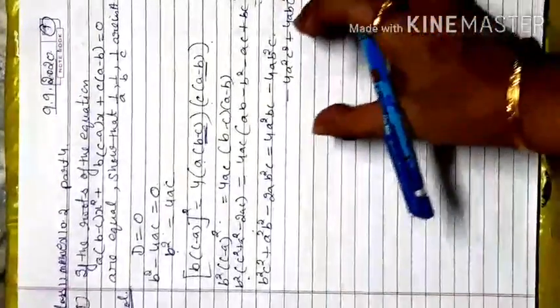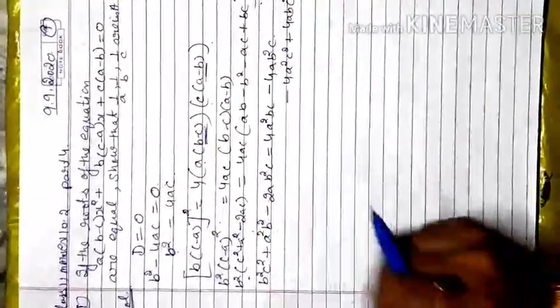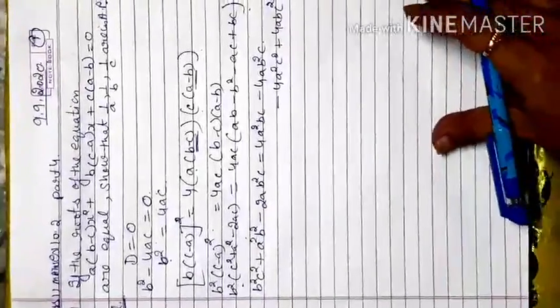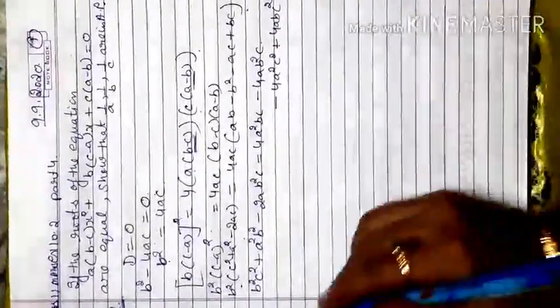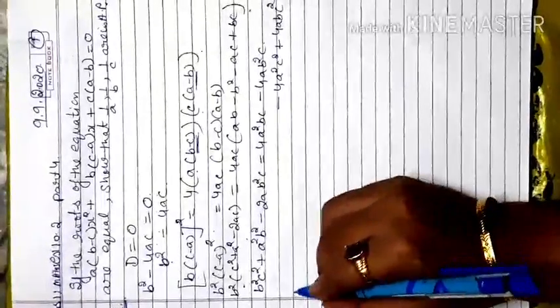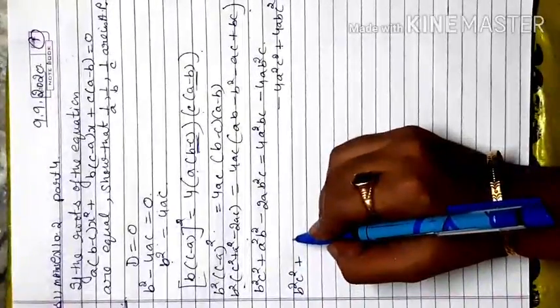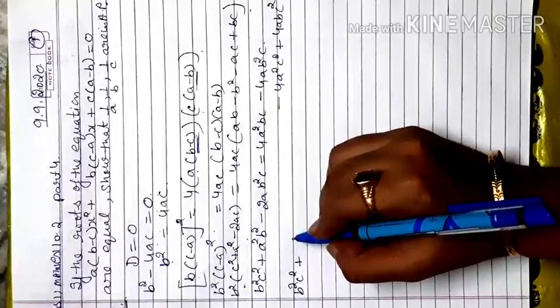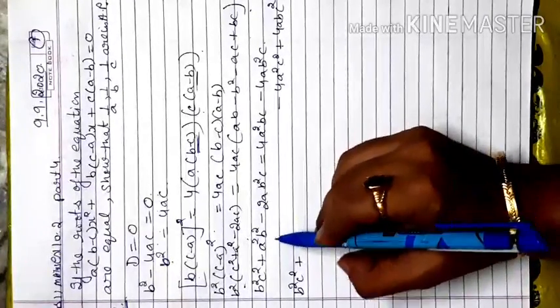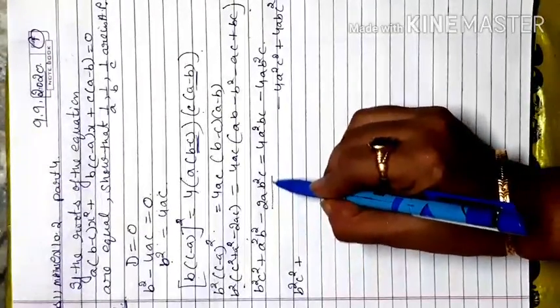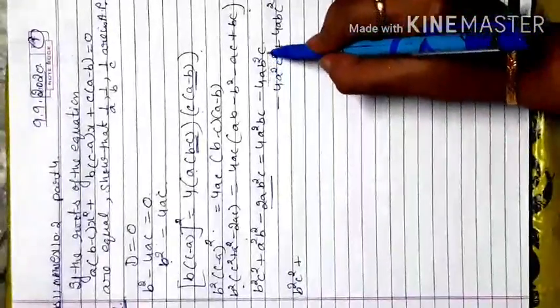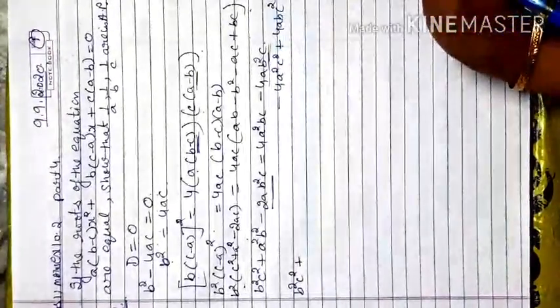So now I shift all this right side term to the left side. What will it be after shifting? This becomes b square c square plus a square b square. If any term is there, you can also subtract from that, like here ab square c and ab square c is also here, and no other term is there.